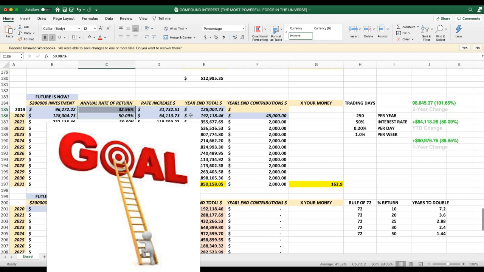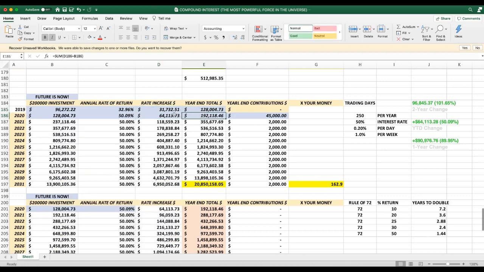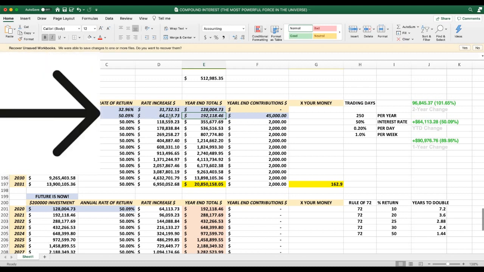But you can see the power of compounding, meaning we basically got 100,000, but we only made 95,000. So we're compounding at a rapid clip here. We basically doubled our money, but we didn't make 100%.